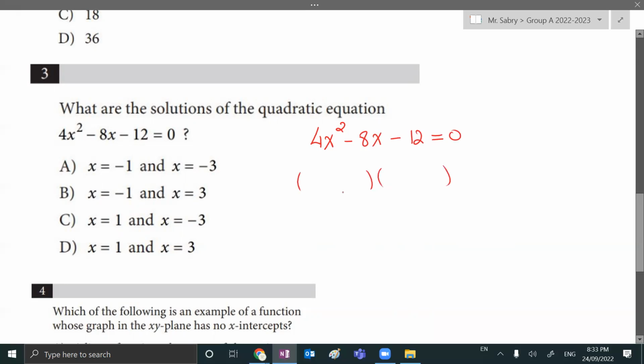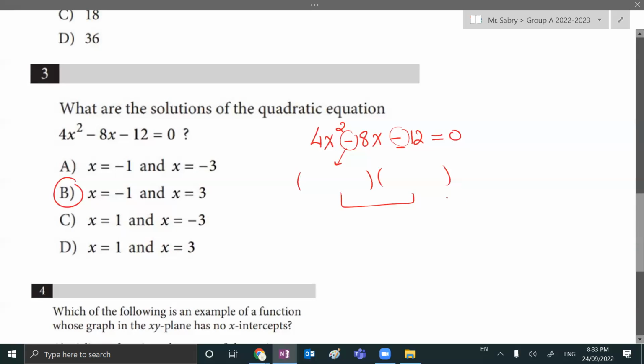When I factorize, the bigger number should take the middle sign, while the smaller number will have a different sign since it's negative. So I can tell for a fact that the bigger number will become positive and the smaller number will become negative. So definitely the answer will be B.